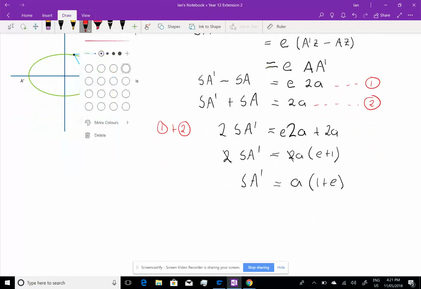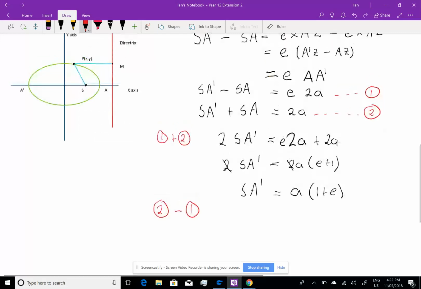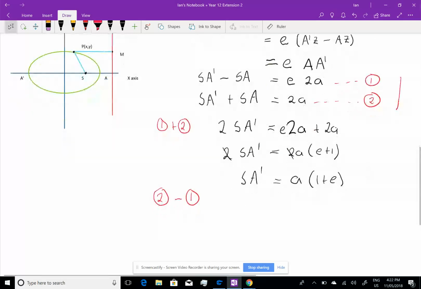Now, if I take those two equations and I go equation 2 minus equation number 1, look up here again. Here's where we're looking at. So we're going to do 2 minus 1.